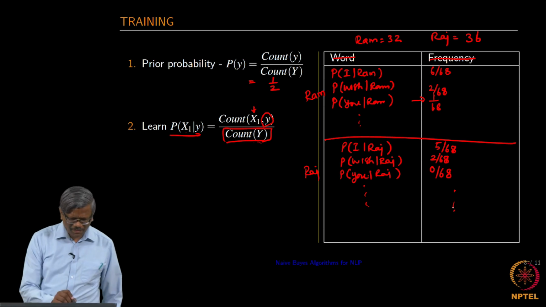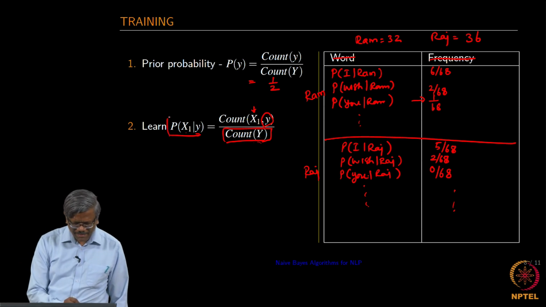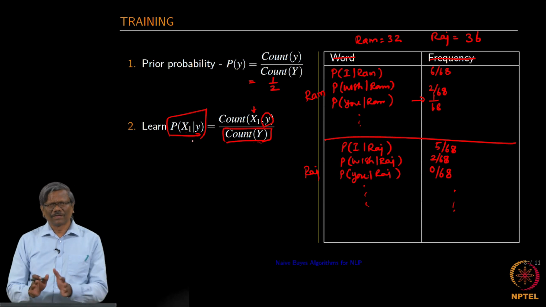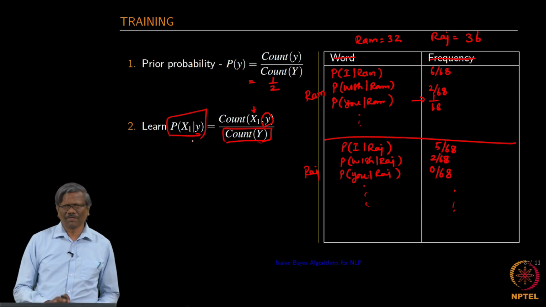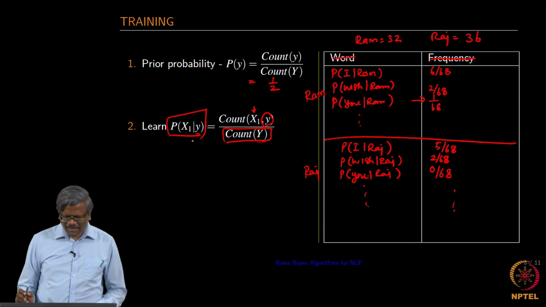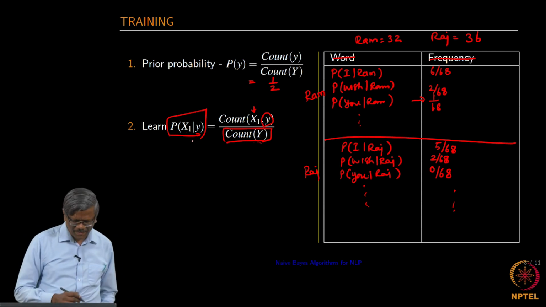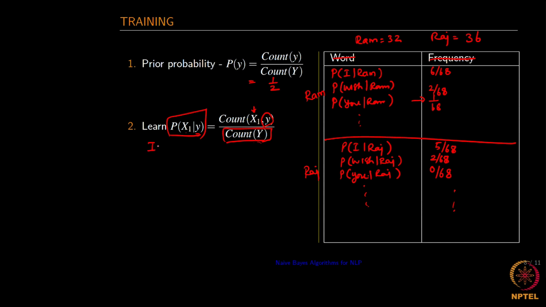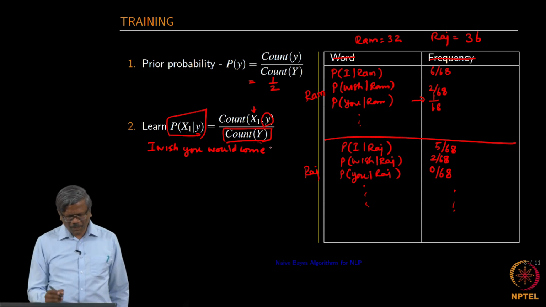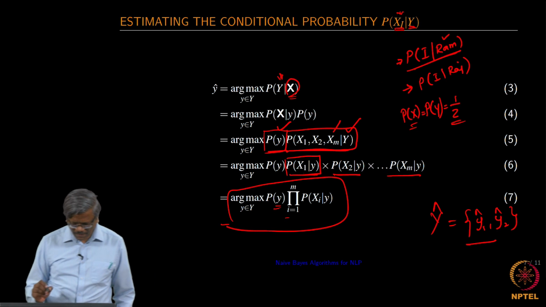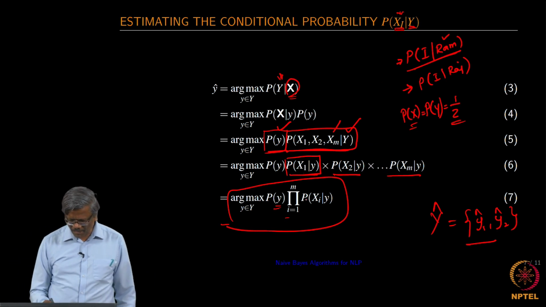So, once you learn these parameters, now we have a table that contains all those values, right. So, now how can I use it to find who had sent that mail? If you want to find out this, see we are going to be using this formula, right.